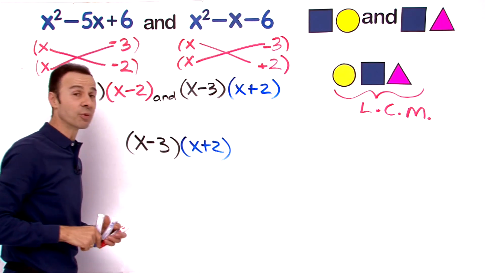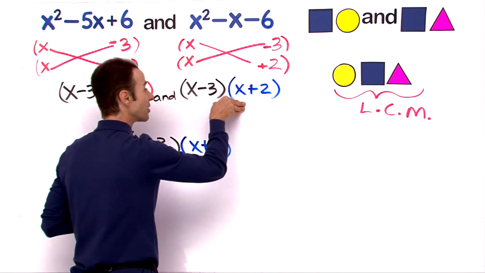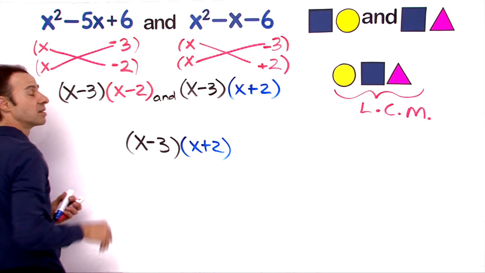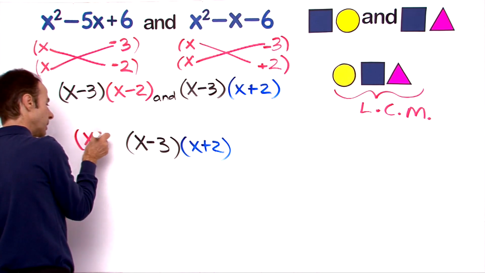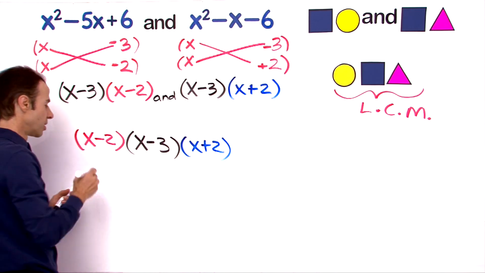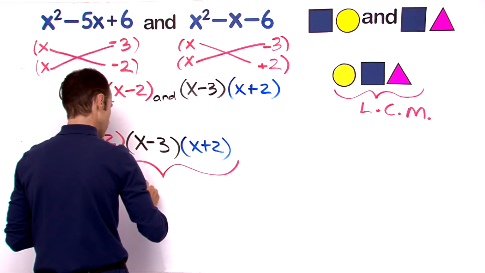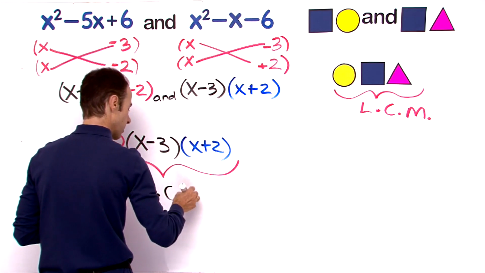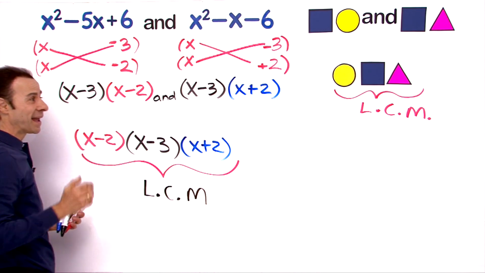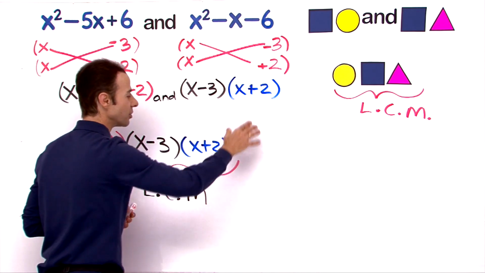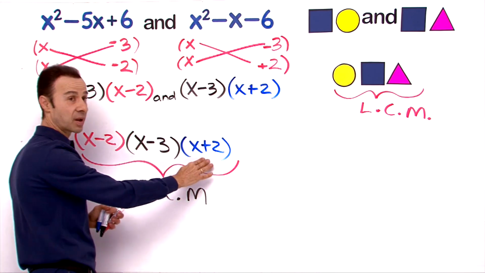Okay, we go to the other side and we ask the same question. What's missing from this side that's available on that side? What's going to be missing is x minus 2. So, the lowest common multiple between x minus 3, x minus 2, and x minus 3, x plus 2 is x minus 2, x minus 3, x plus 2.